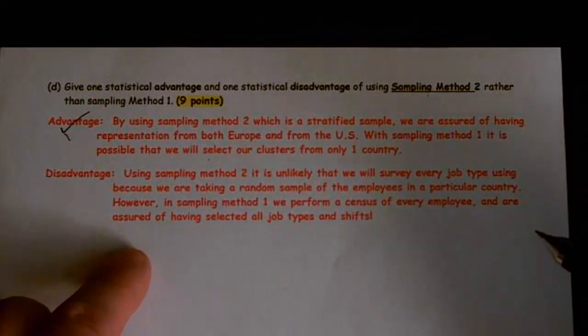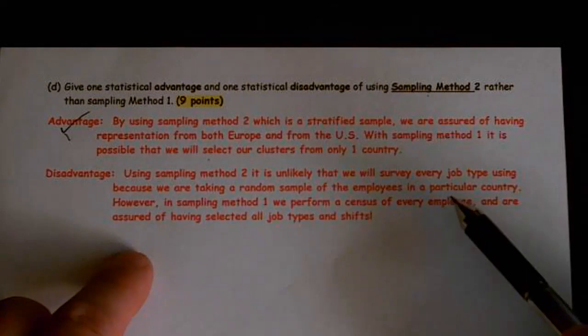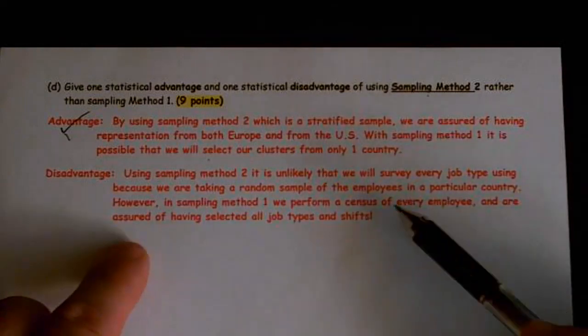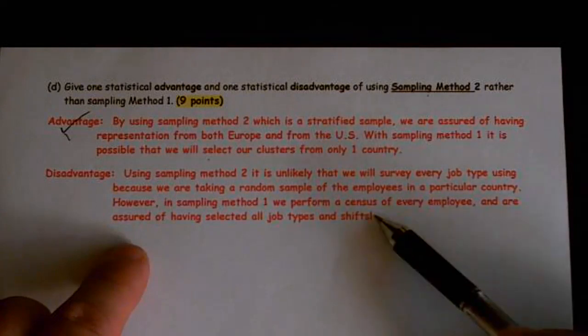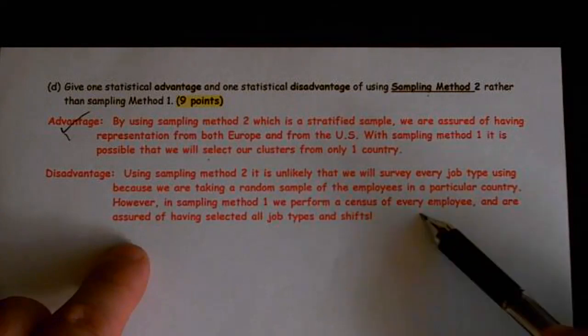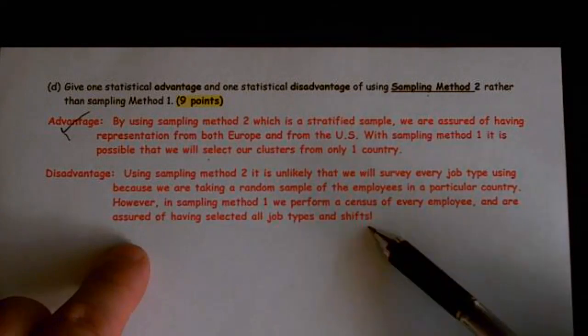Disadvantage: using sampling method 2, it's unlikely that we will survey every job type because we are taking a random sample of employees in a particular country. However, in sampling method 1, we perform a census of every employee and are assured of having all job types.